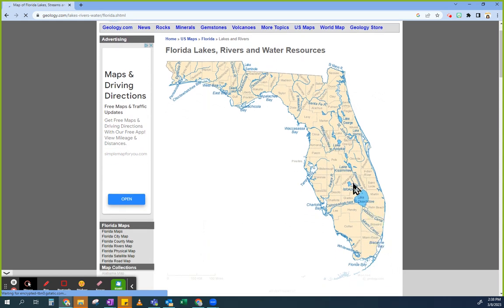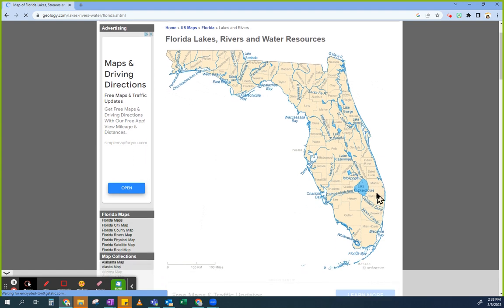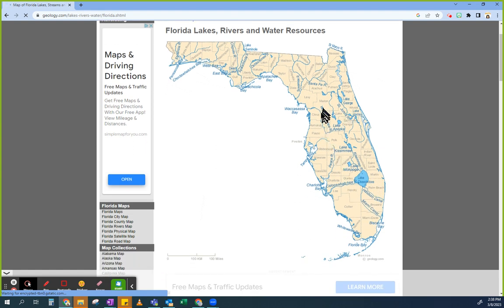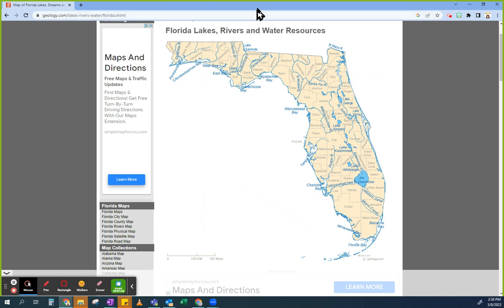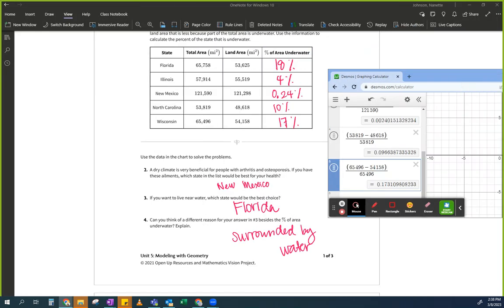There's also all of these little lakes and ponds. And if we got even closer, we'd be able to see those too. So maybe not a geography question. I don't know. Maybe it is a geography question. But just another reasoning. It's trying to go off your skills of reasoning. Why else you would choose that? All right. That's it.